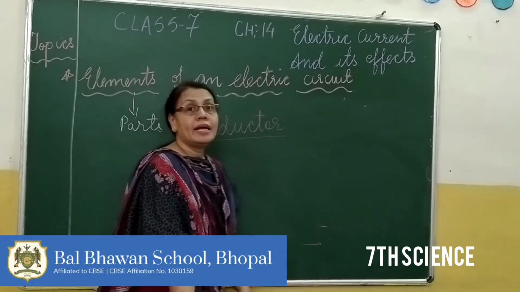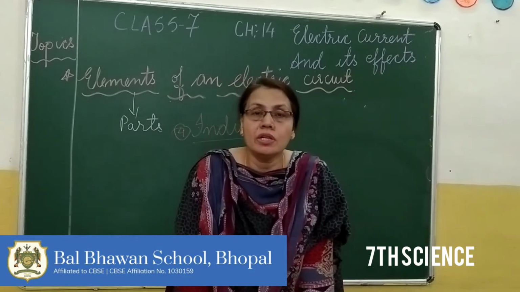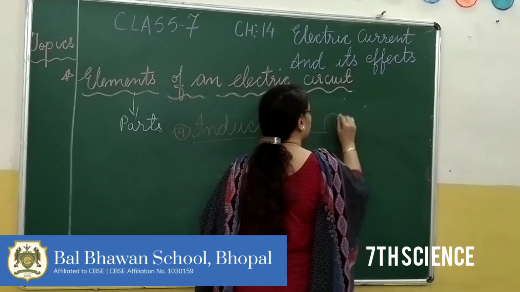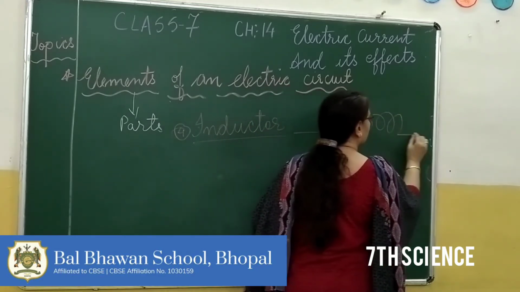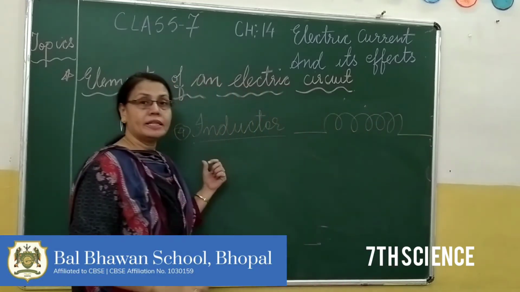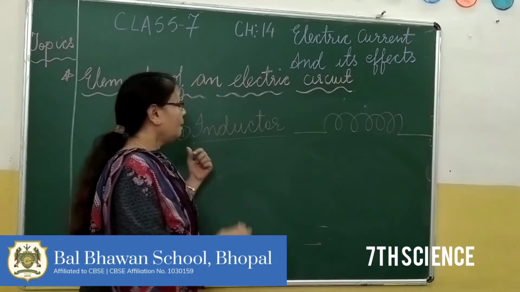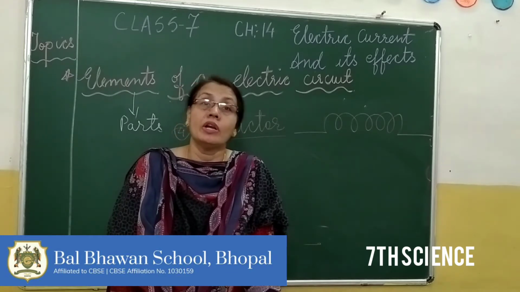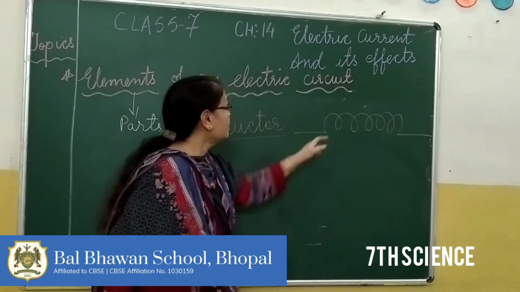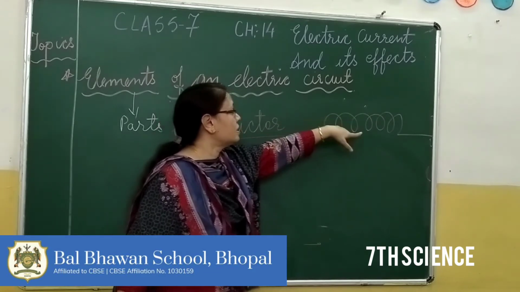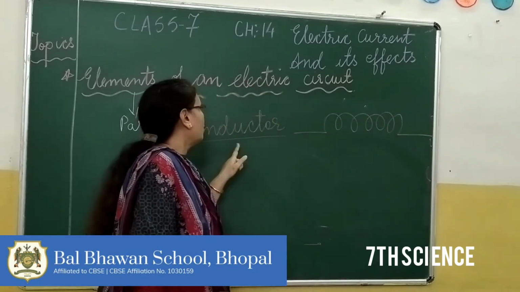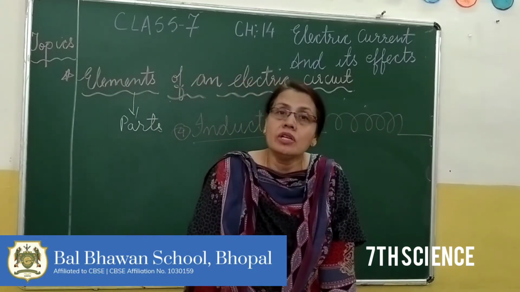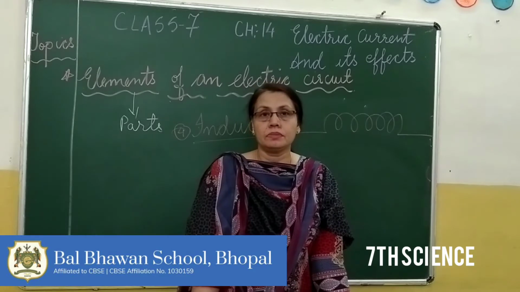This inductor acts as a magnet when the electric current flows through it. Now, how is it represented? By this. So, inductor clear? Inductor means it consists of insulated copper coil having a large number of turns. These represent the turns of the copper coil. Function: it behaves as a magnet when electric current flows through it.